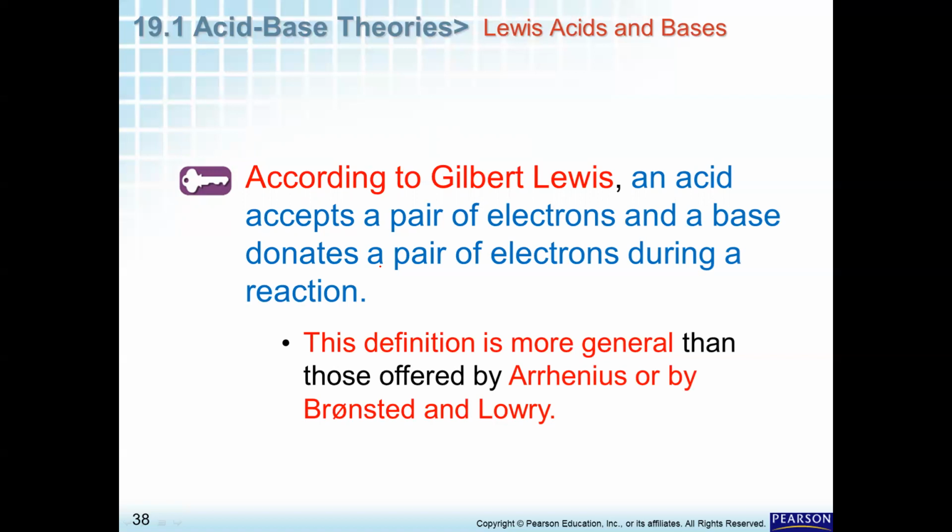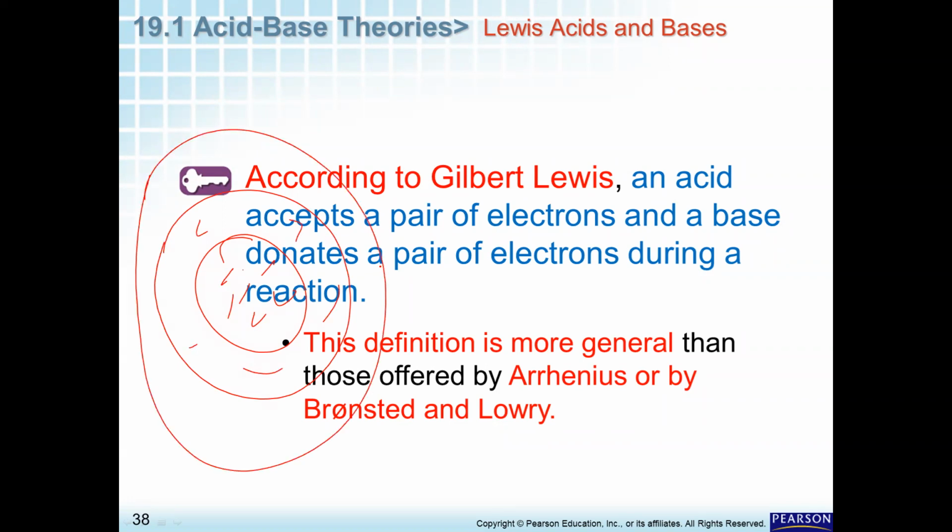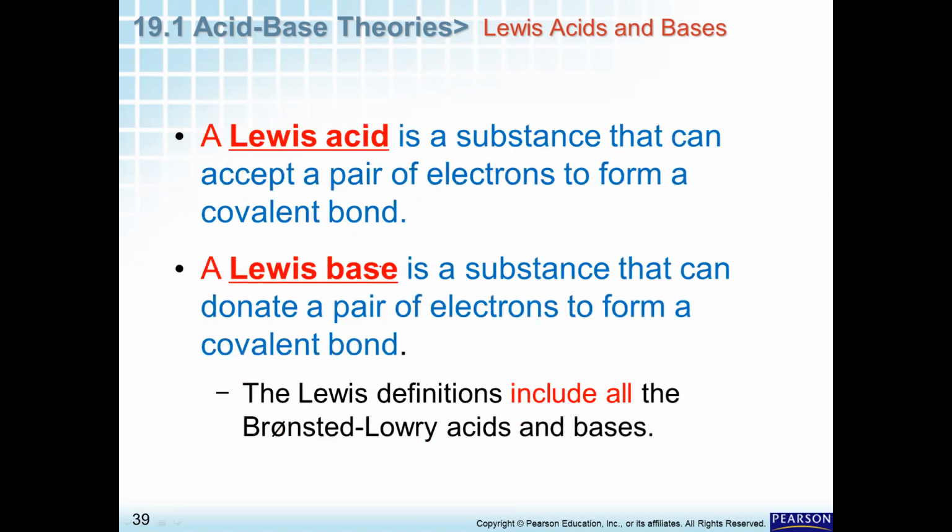So as I said, you can draw it as Arrhenius here, covering some number of acids, let's say these. And then we have the Bronsted and Lowry, which have some other materials in addition to the Arrhenius. And then we have the Lewis acids and bases, which cover new materials in addition to the Bronsted and Lowry and in addition to the Arrhenius. So that's why it's a more general definition.